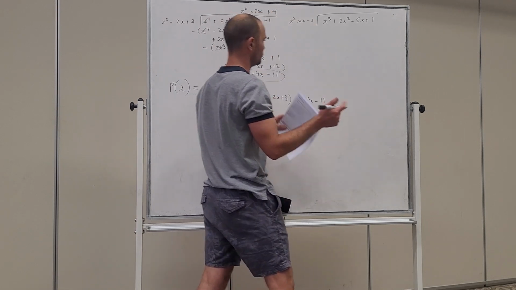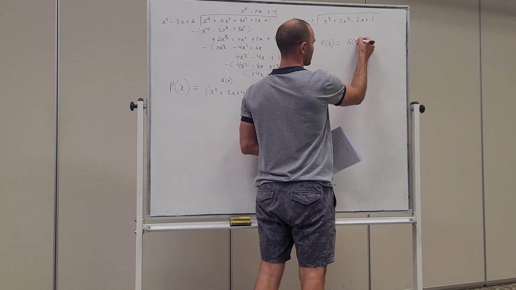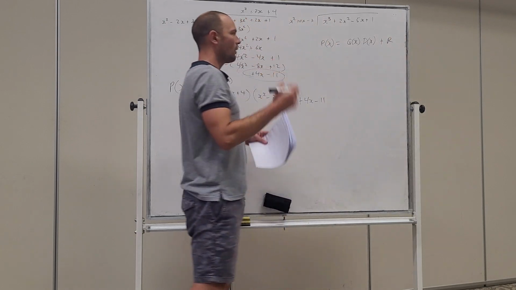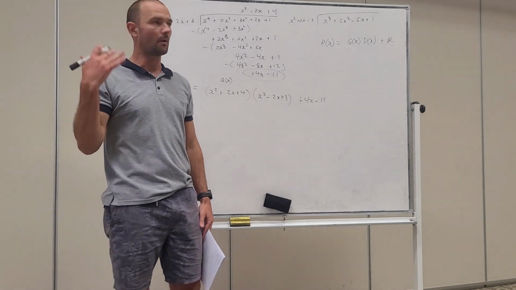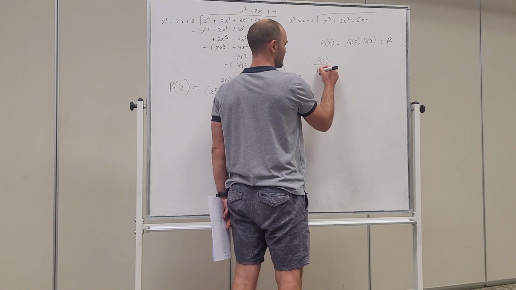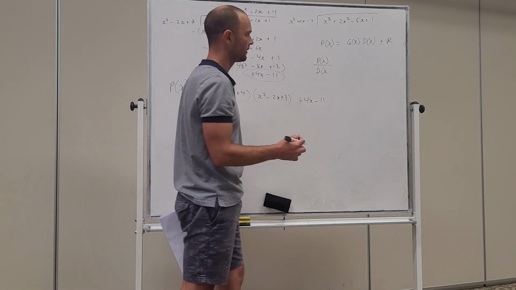Let's talk about 2. Now, just talk quickly about language. We have p of x is q of x times d of x plus r. And another way we can express this, if I divide both sides by d of x, I would have P of x on top of D of x here. I've got this written down in the notes, I'll point out where in a moment.